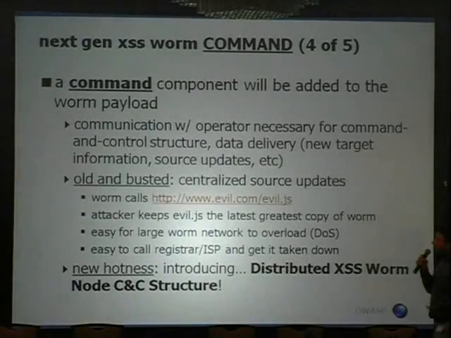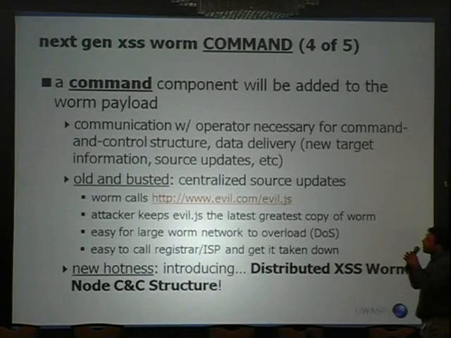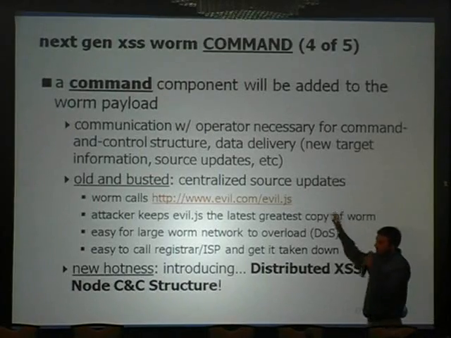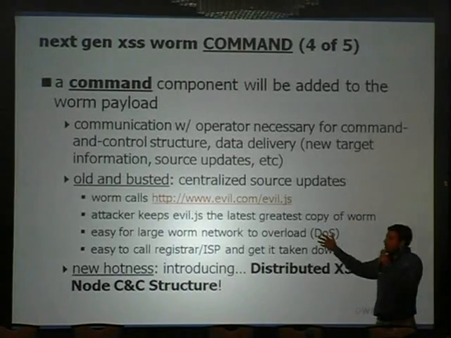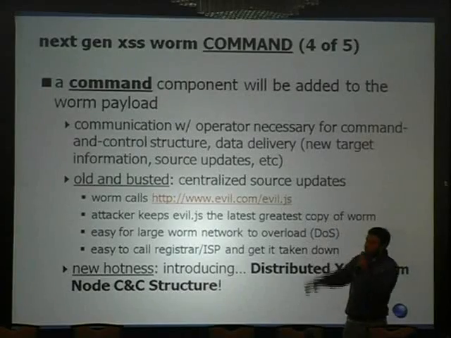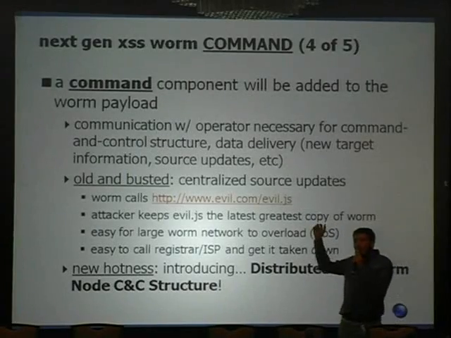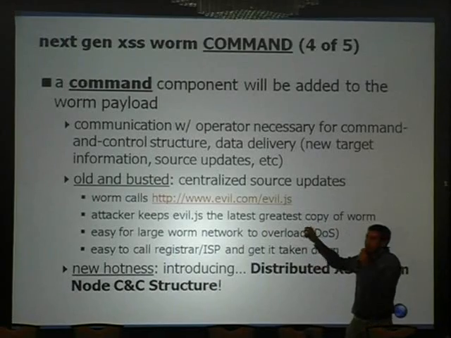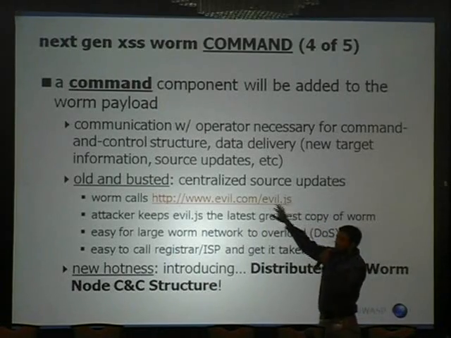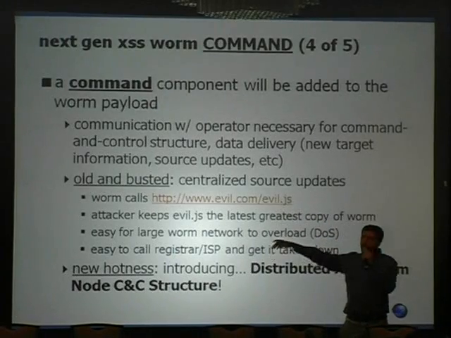So command and control. Okay, so this is one of the cool things that I wanted to introduce today. So again, the old way of doing command and control, that actually nobody ever even got to do, was the worm would call evil.js, okay, and then as the attacker found more and more vulnerabilities, he would bake them into this evil.js that he controlled.